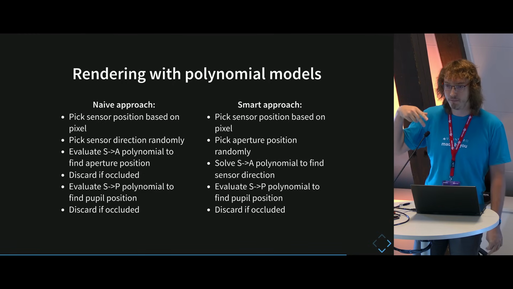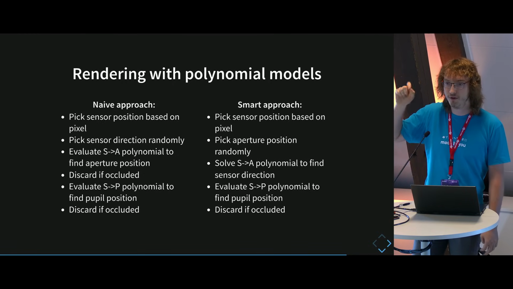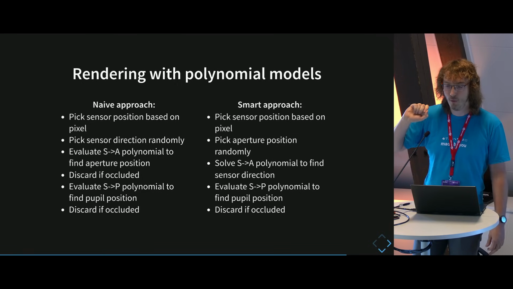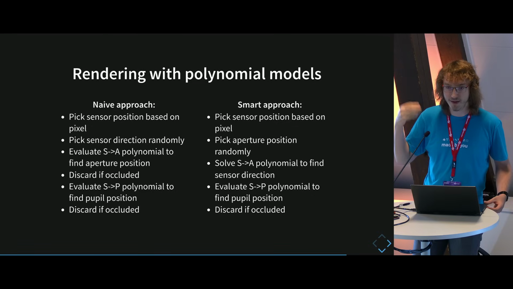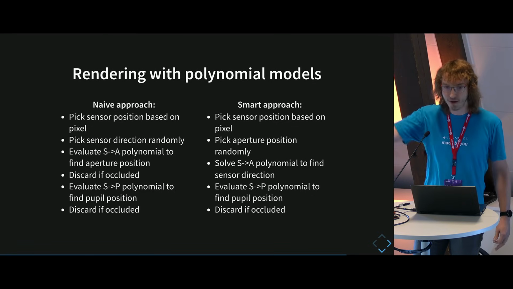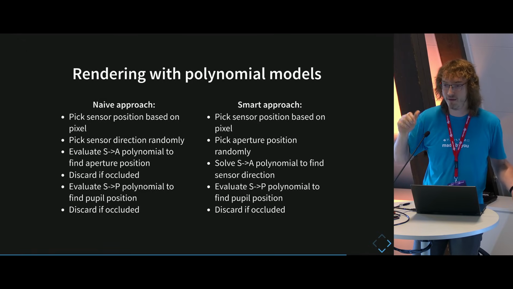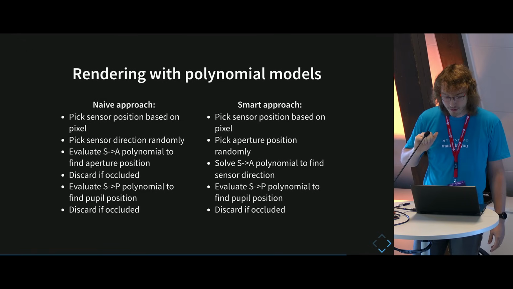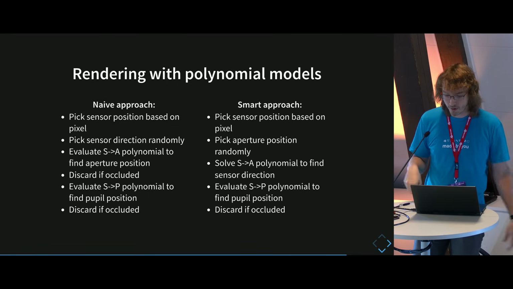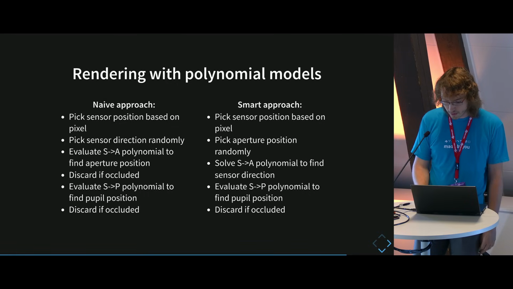So doing, again, a root solver on this sensor to aperture polynomial to do it the other way around and find, okay, which outgoing direction do I need on the sensor in order to hit this aperture position? Once we have that, we can then take sensor position and direction, evaluate the other polynomial to get to the pupil. There we again need to check because, well, we can't do two backward steps. But if that is fine, we can just use this ray. And that way, it doesn't matter how small or large the aperture is, we always hit it.